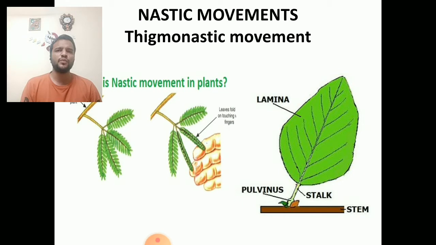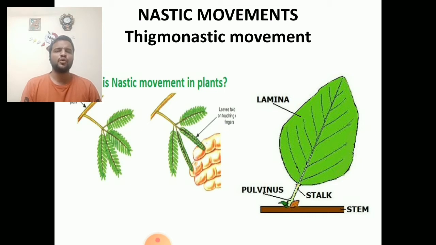After 10-15 minutes, the water is reabsorbed by the cells of pulvini by osmosis, and the leaves regain their original position. That is how the folding of leaves takes place in Mimosa pudica, and it is the best example of thigmonastic movement.